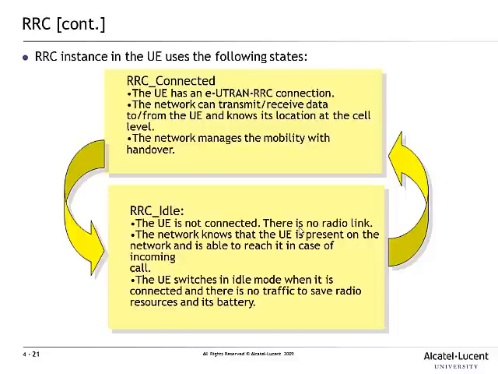Okay, so we want to try and keep every user in the idle state if they're not transmitting data. Obviously, if they have data to transmit, we have to keep them in the connected state. But as soon as you realize that user equipment has not been transmitting data for a certain period of time, we quickly switch it down to RRC idle state, because when you're in the RRC idle state, you are using up fewer resources to maintain that particular UE.